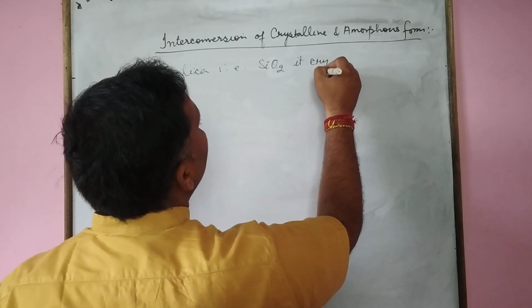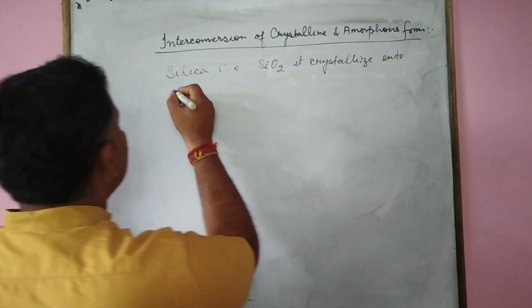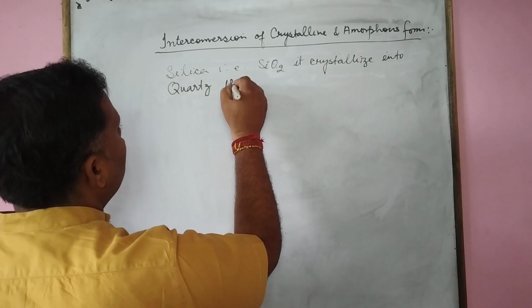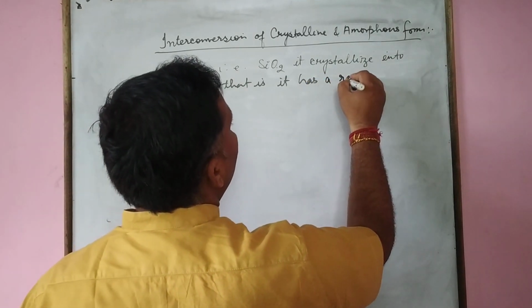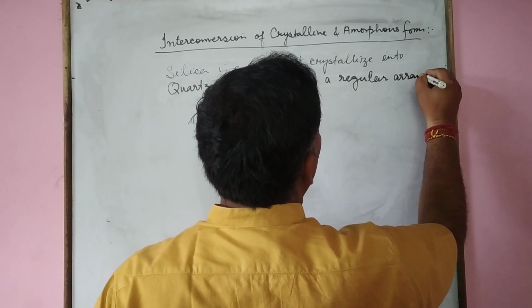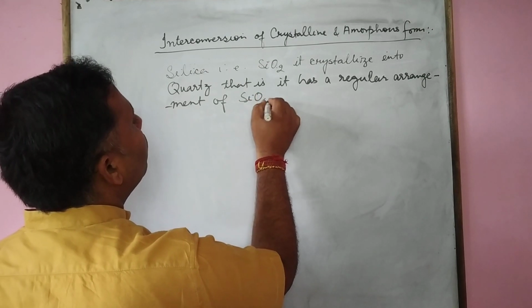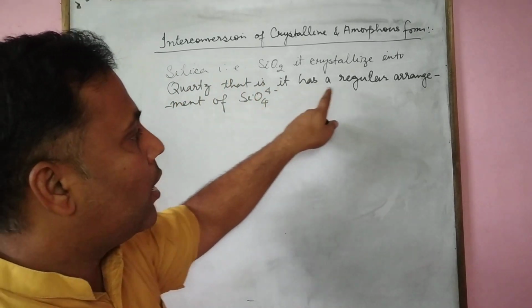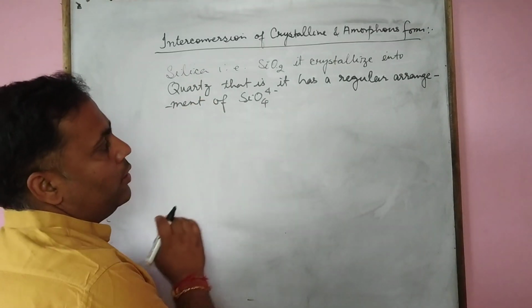It crystallizes into quartz, that is, it has a regular arrangement of SiO4 4- units. It means it is crystalline in nature.